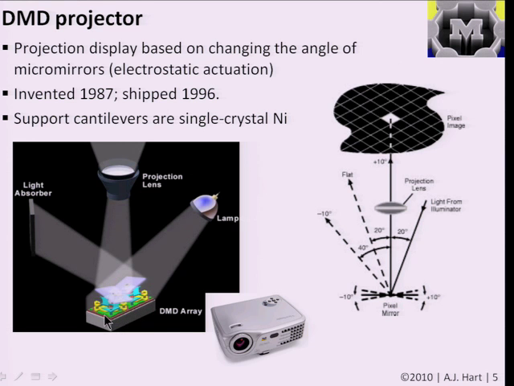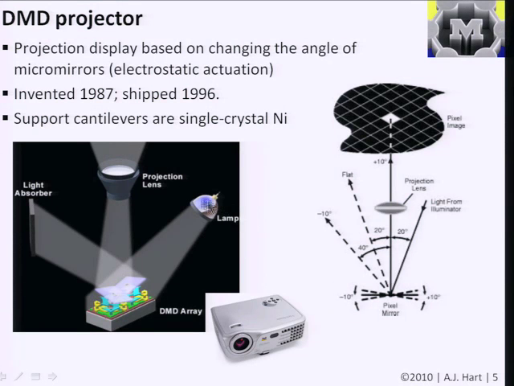Each mirror represents a pixel, and you have a lamp as a light source, and sometimes also a color wheel in here. Then this array of mirrors, which is not two, but essentially, say, 1024 by 768, depending on the size of your display, moves at very high speed to create the image we see here.